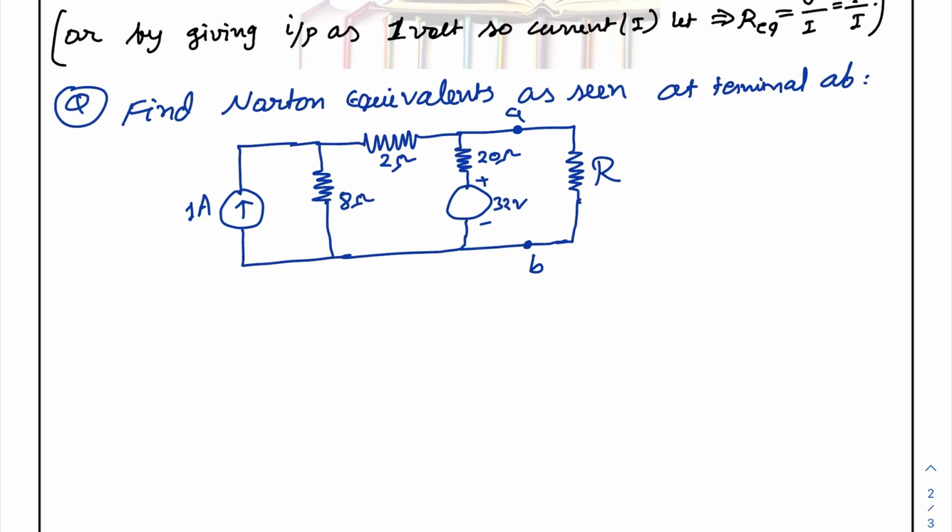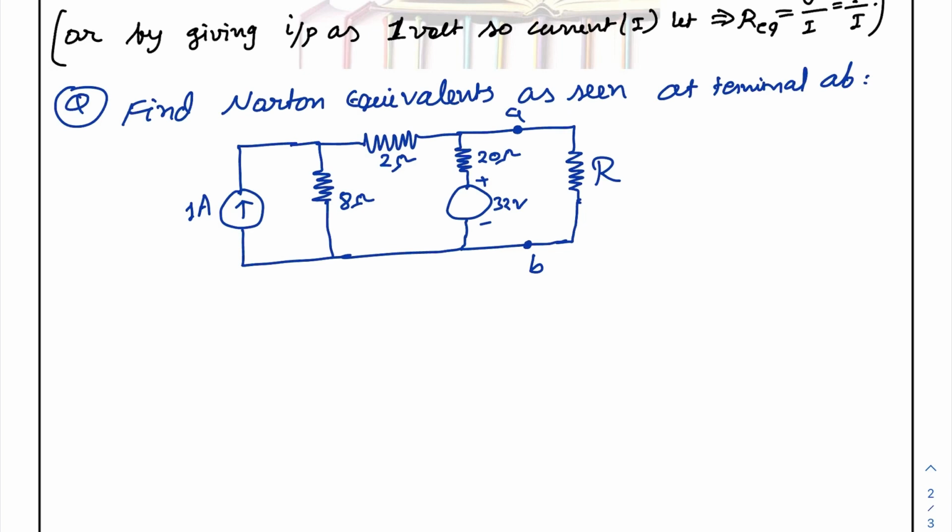Means if you know the Thevenin equivalent, then we can easily convert it into the Norton equivalent, and if you know the Norton equivalent, then easily we can find out the Thevenin equivalent, and vice versa, or we can simply use source conversion to get each other.